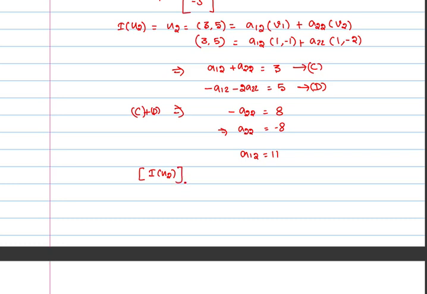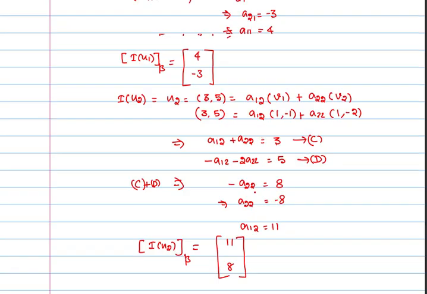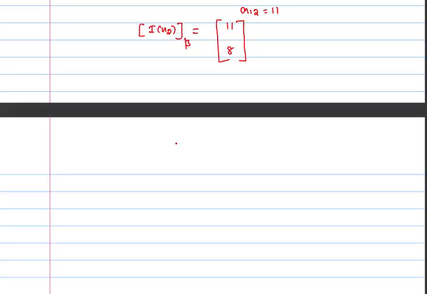So the coordinate vector of I of U2 with respect to beta is (11, 8). My transition matrix means I want to represent the columns as coordinate vectors. Okay, right?